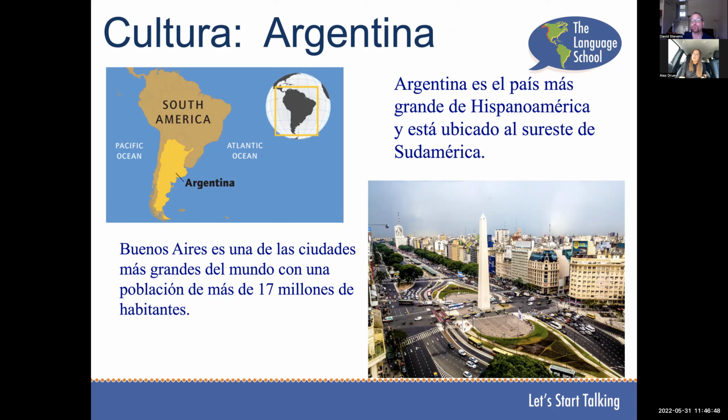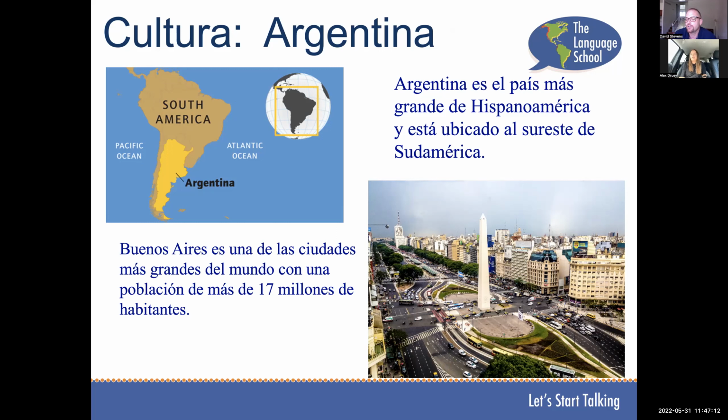Buenos Aires es una de las ciudades más grandes del mundo con una población de más de 17 millones de habitantes. Argentina is very big in South America. Hispanoamérica means Spanish-speaking America.